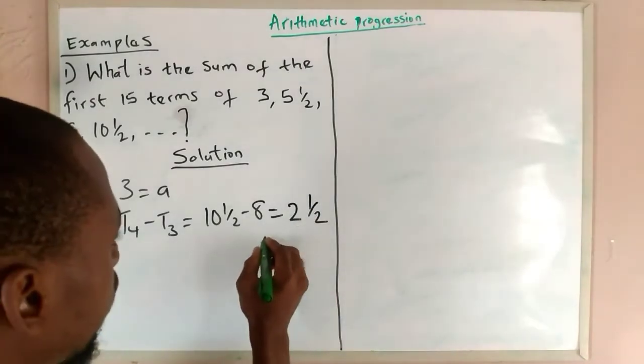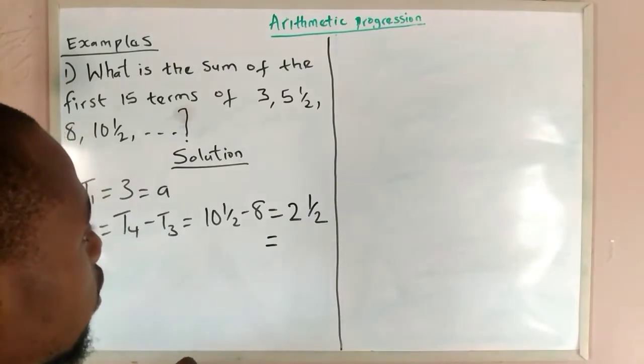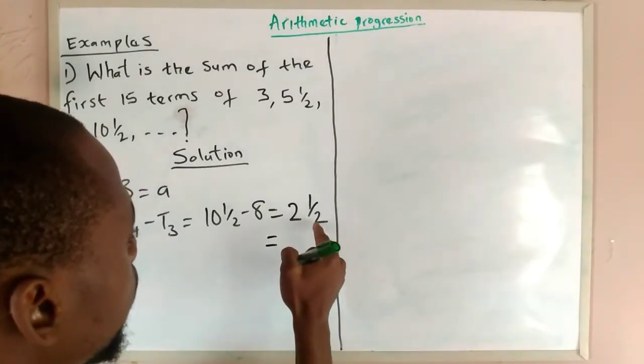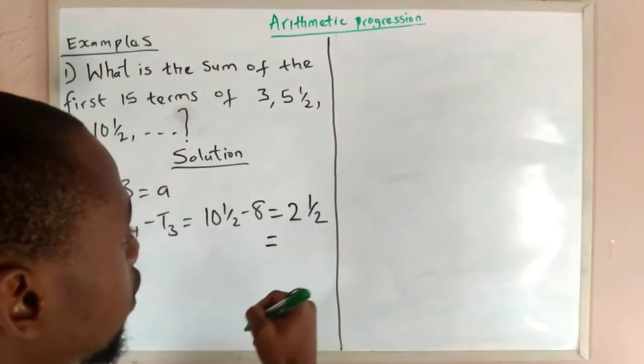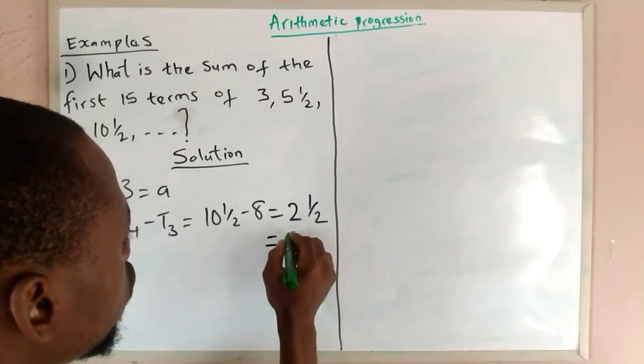Of course, we can write 2 1/2 as a proper fraction by changing it to a proper fraction. So that would be 5 over 2.